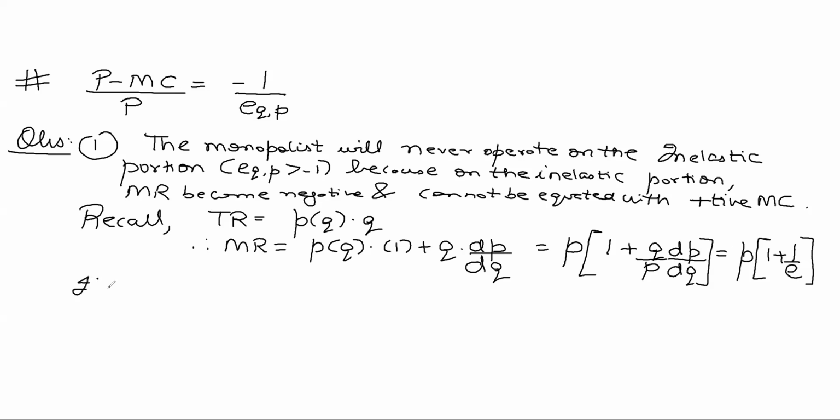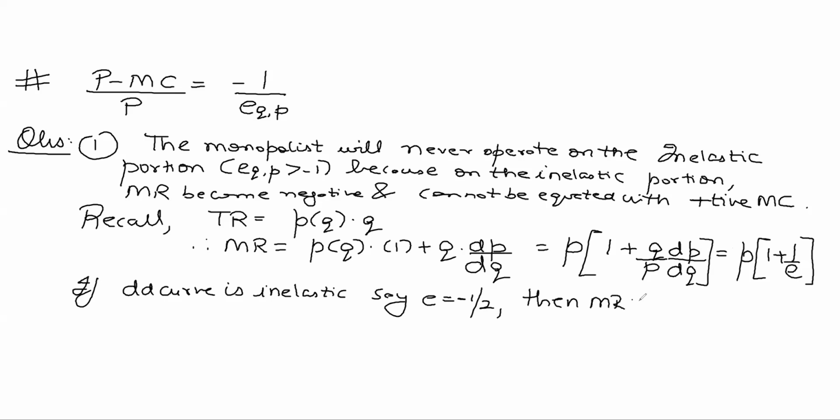So if the demand curve is inelastic, say E is equal to minus half, then my marginal revenue will be P into 1 plus 1 upon minus half, which is P into 1 minus 2, which is minus P, which is less than 0.